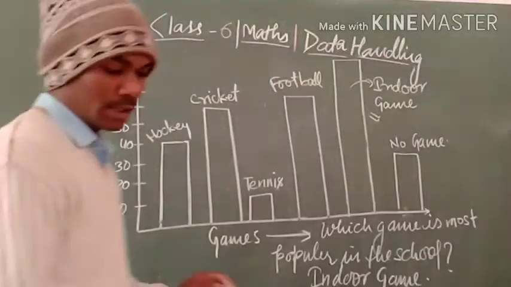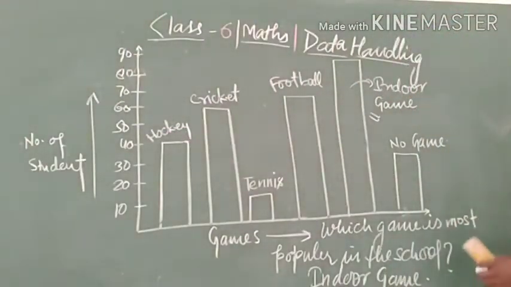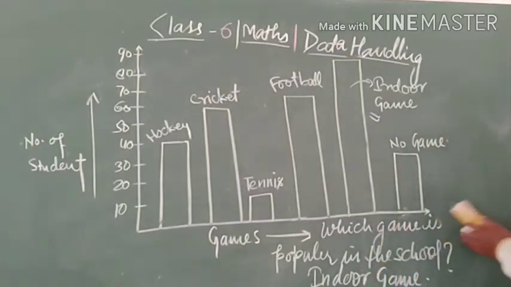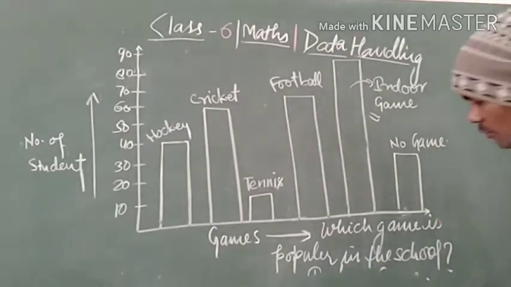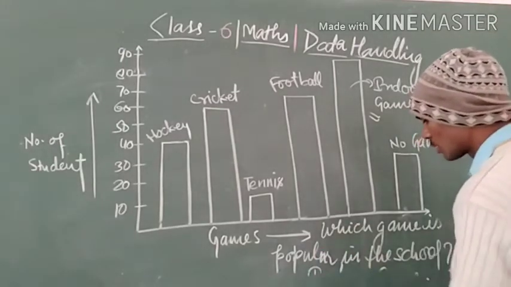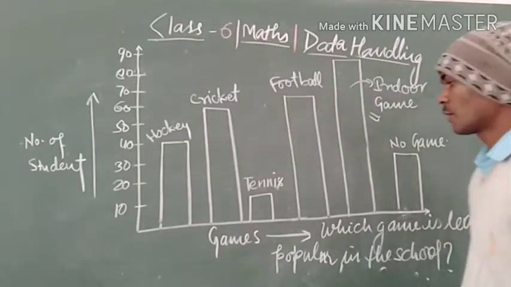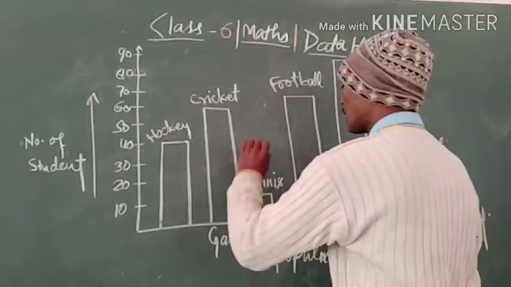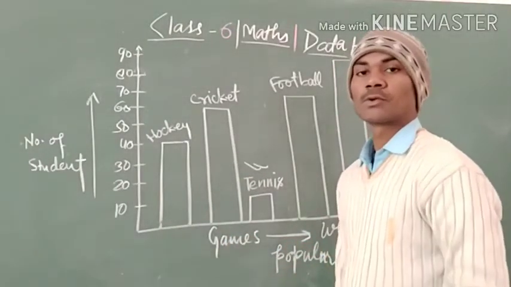Okay, the next, which game is the least popular in the school? So here we can see that the game tennis is liked by the least number of students.